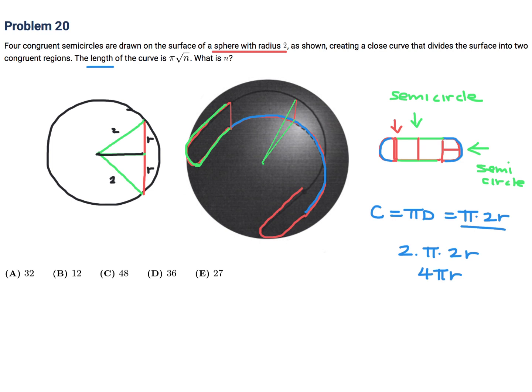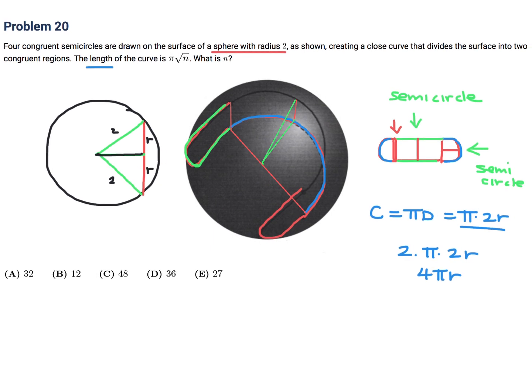Hopefully this won't be too confusing. But this, I'm going to connect this guy, right? So the distance from here to here is the same as the distance from here to there.